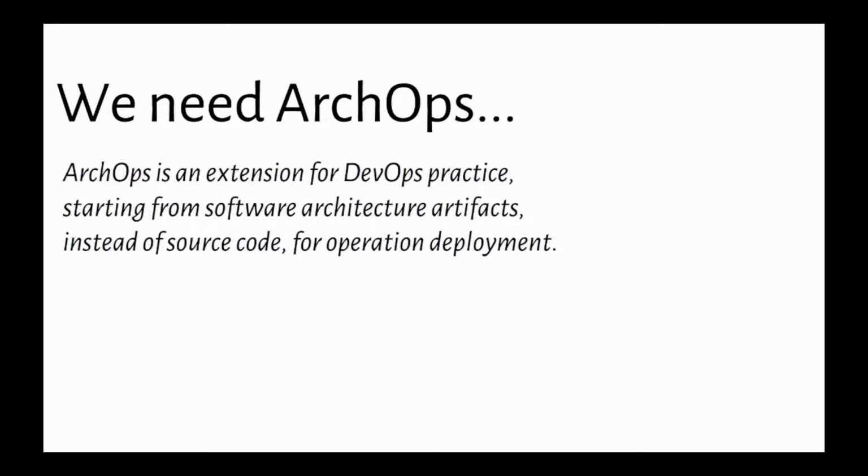But now we need to extend that further to the architects, which makes the process seamless across the architecture, the development, and the deployment. So no longer are the diagrams isolated from the dev process, but they are well integrated into the dev process.